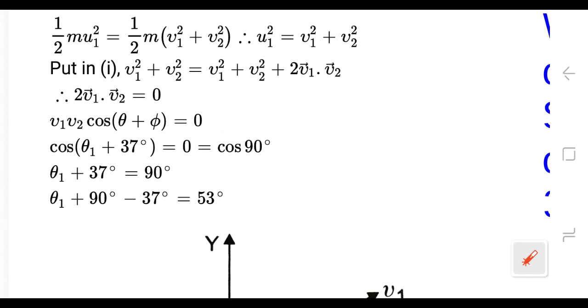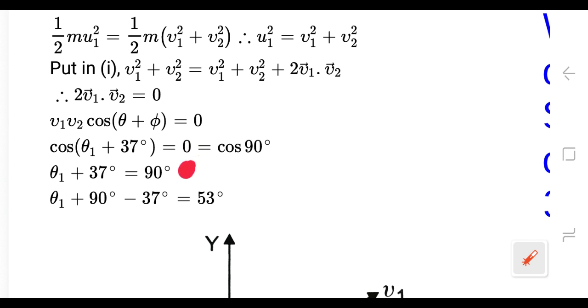Now you divide both sides by v1 v2, which is a certain value which you don't know, and 0 divided by v1 v2 is simply 0. So cos of the angle is equal to 0.